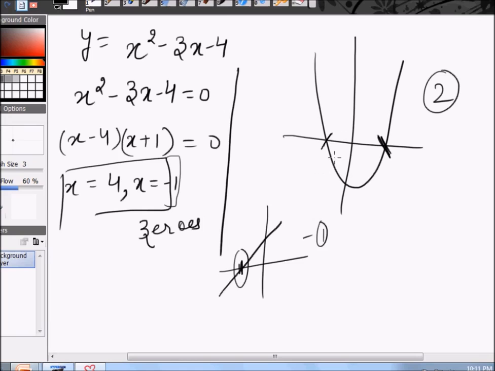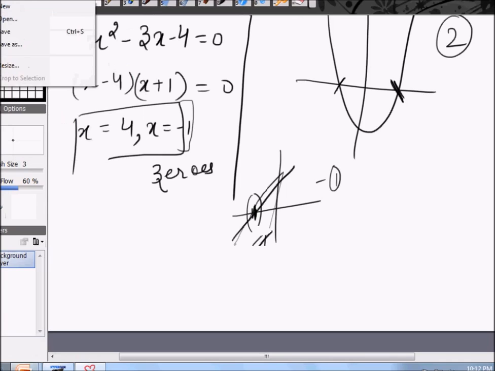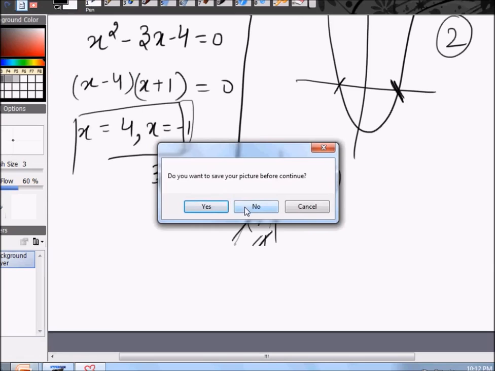Clearly, by seeing the graph, we can say that it has 1 zero because it cuts the x-axis at one point. Now, in this case, this curve cuts the x-axis at 2 points. Therefore, we have 2 zeros in this curve. So, let us have some more examples to find out the number of zeros.